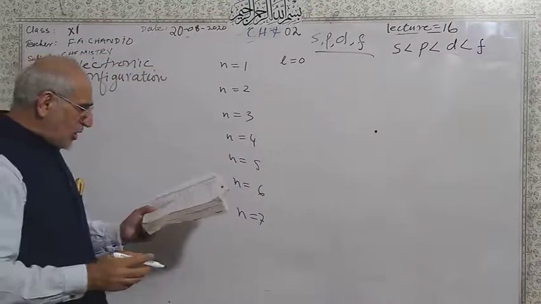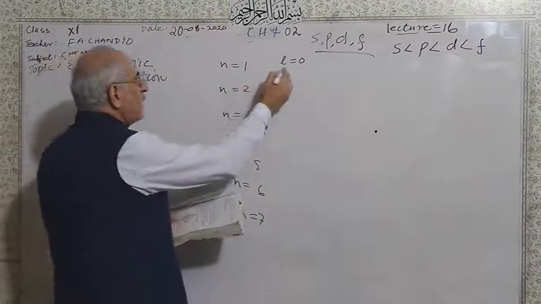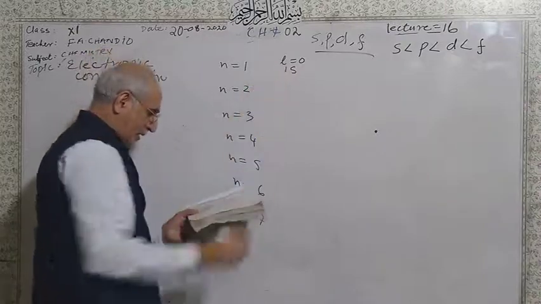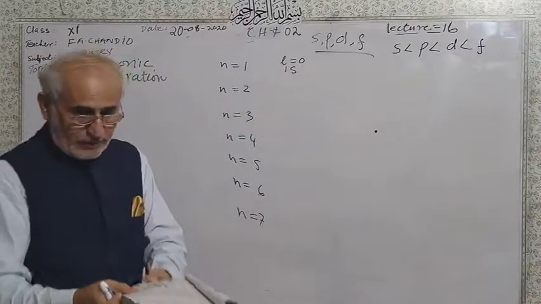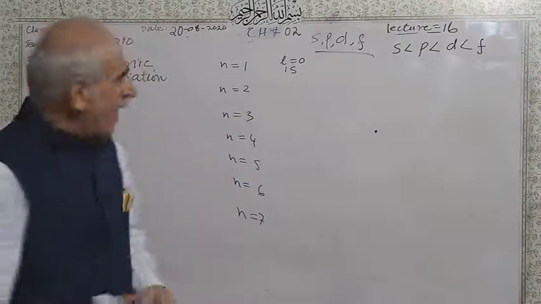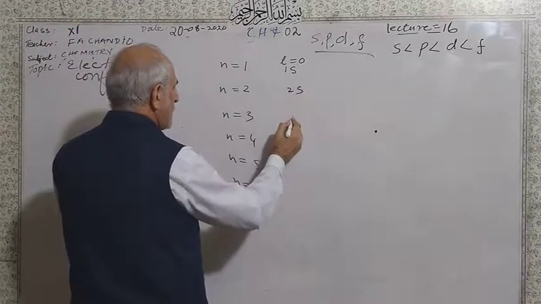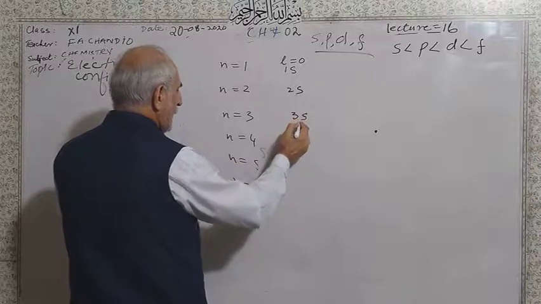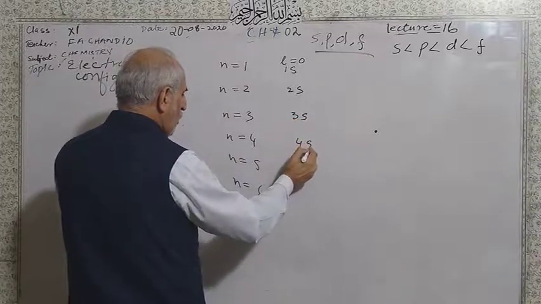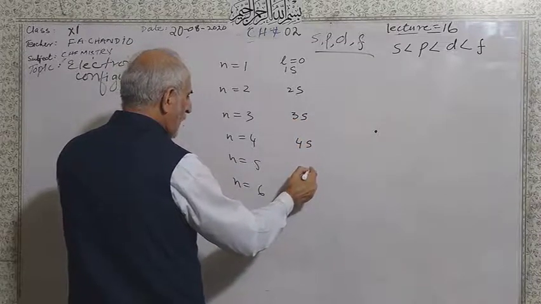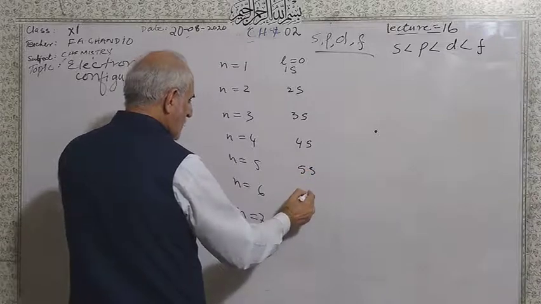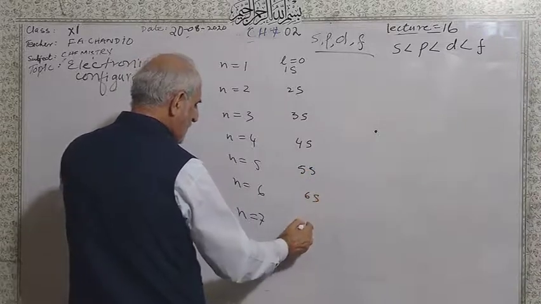When l is equal to 0, with n equal to 1, we write 1s. Then 2s, 3s, 4s, 5s, 6s, 7s.